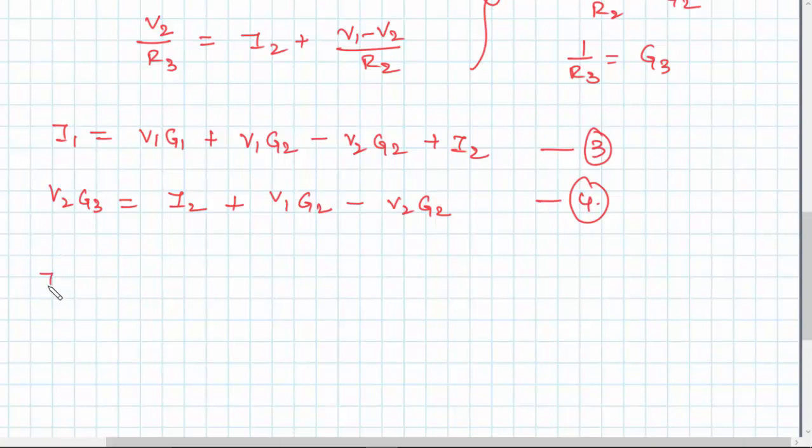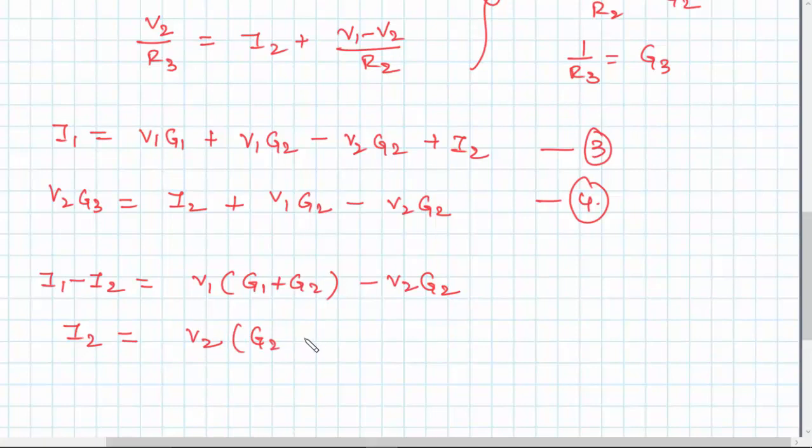So this can be written as I1 minus I2 is equal to V1 times G1 plus G2, and minus V2 G2. And the second equation, that is equation 4, can be written as I2 is equal to V2 times G2 plus G3 minus V1 G2. Let's call it equation 5, and this is equation 6.